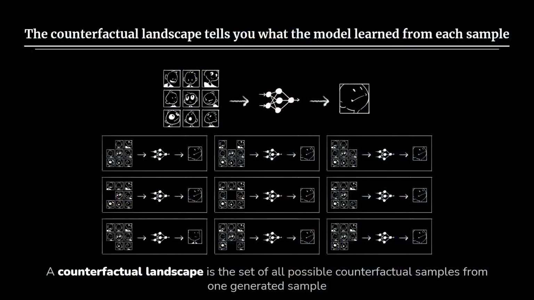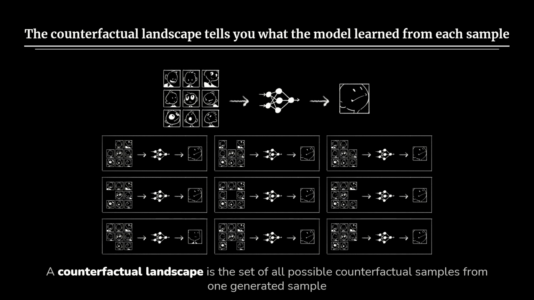Okay, so that tells you if a model learned from a piece of the training data, but that doesn't tell you the whole story, right? What you really need to do to learn the full story is to look at the entire counterfactual landscape, the sum total of all possible counterfactuals. So that's what I'm illustrating here. At the top, you see the factual scenario, where the model was trained on the full data set and it generates the factual sample.